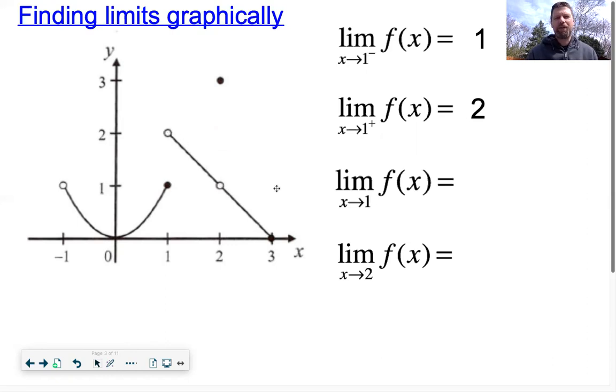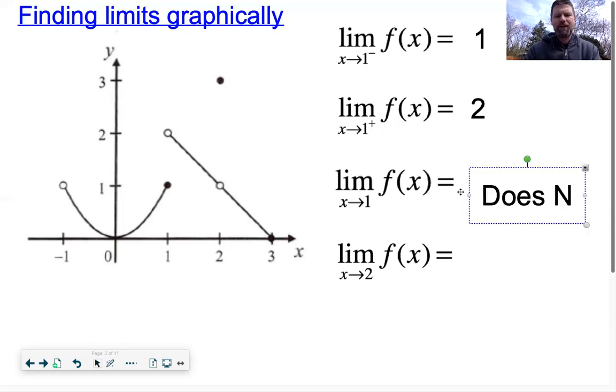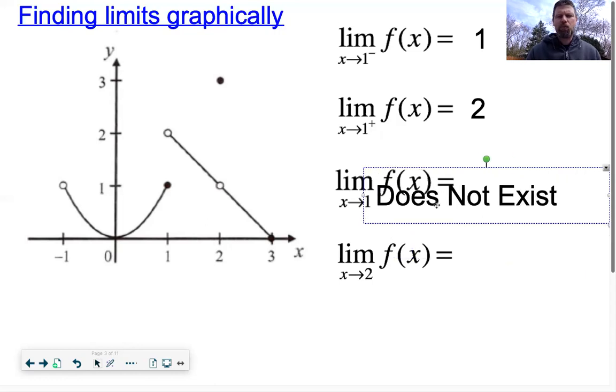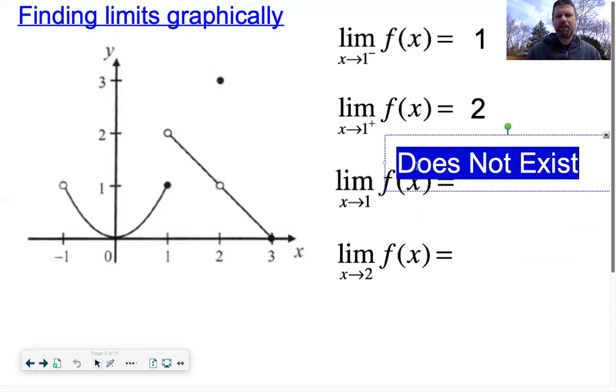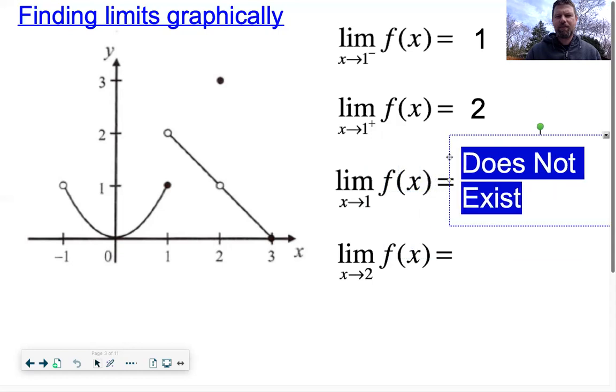As you may recall, if the limit from the left and the limit from the right do not agree, the limit as a whole does not exist. So the limit as x approaches 1 of f of x does not exist.